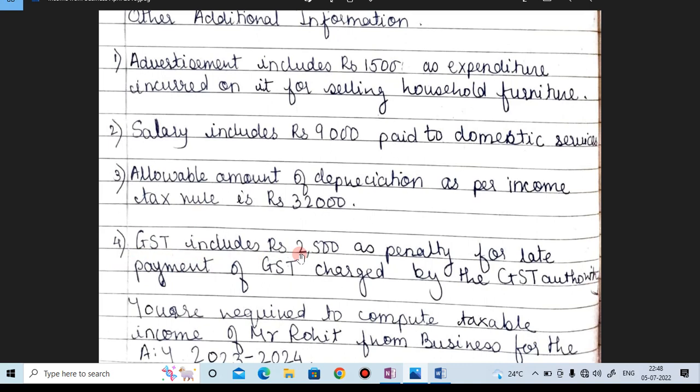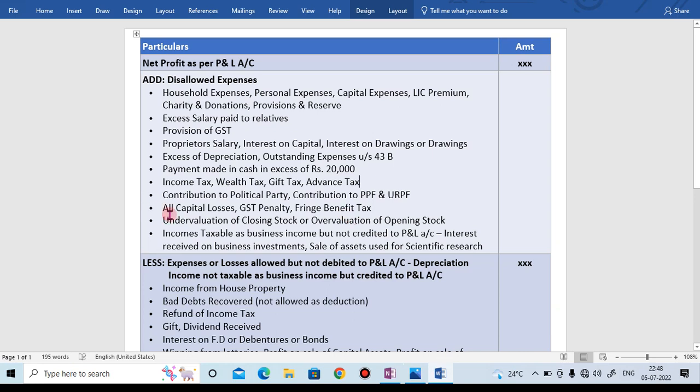GST includes rupees 2,500 as penalty for late payment of GST charged by the GST authority. So in 9,000, 2,500 is included as penalty. There is a GST penalty. So obviously if it is a GST penalty, it will be called disallowed expenses.